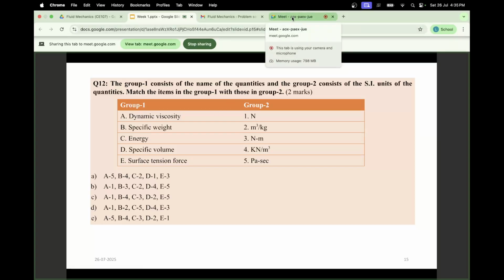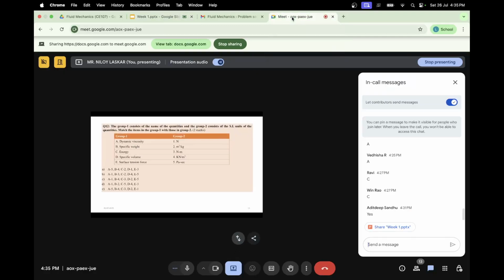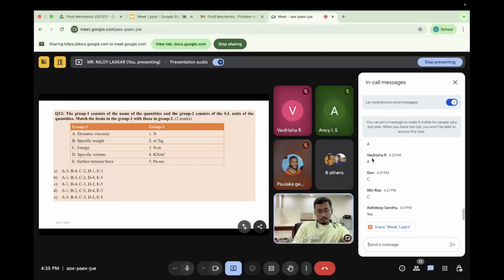So I will give you 3 minutes to answer this. So I am waiting 3 minutes. So please try to answer. So here 5 options are there.